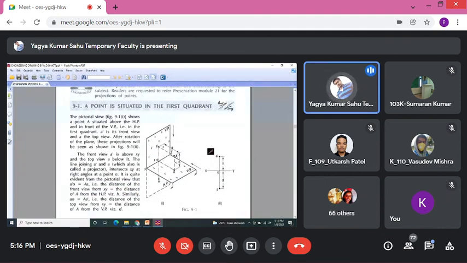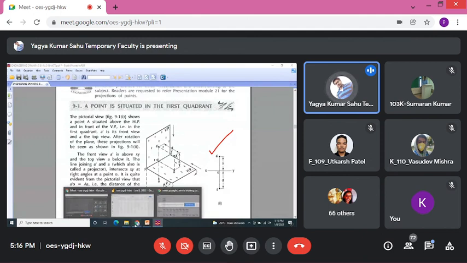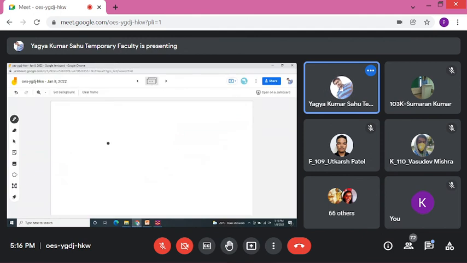So draw this one only in the solution. First of all, draw the XY line. While solving any question, first of all, write down the question. Let us solve a question.